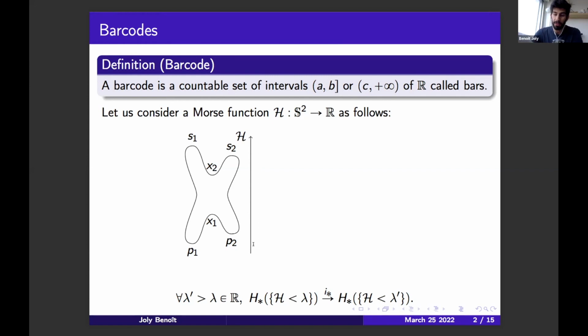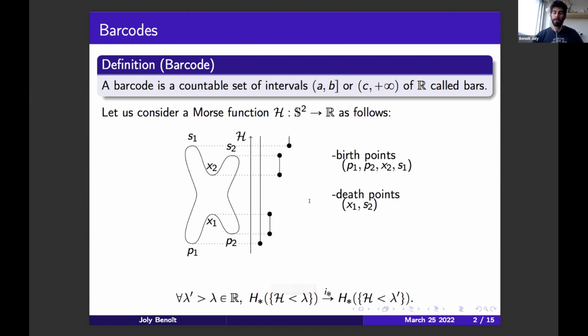So we do the filtration, and by doing the filtration, we obtain some bars depending on what happens on the homology. The homology will change at the critical values of h, and we obtain two kinds of critical values: the birth points, which are the values where some homology is created, and the death points, where the homology is killed in some sense. And then we obtain some bars like that.